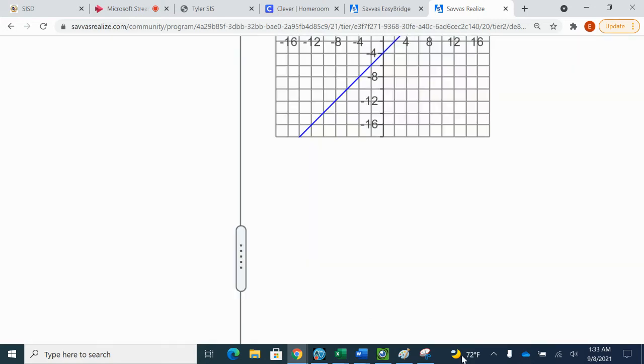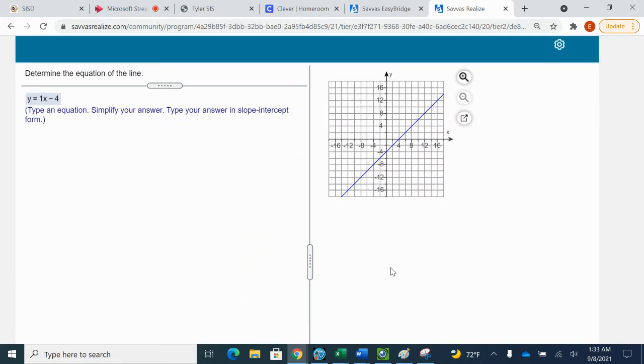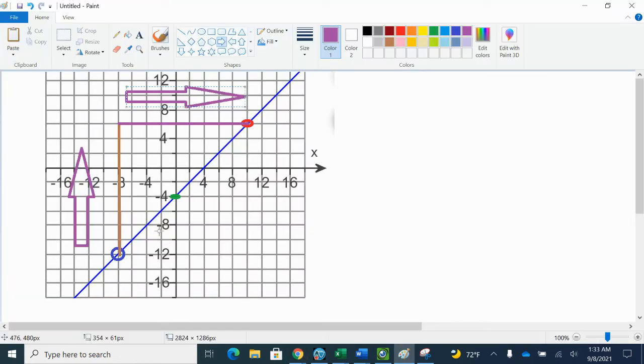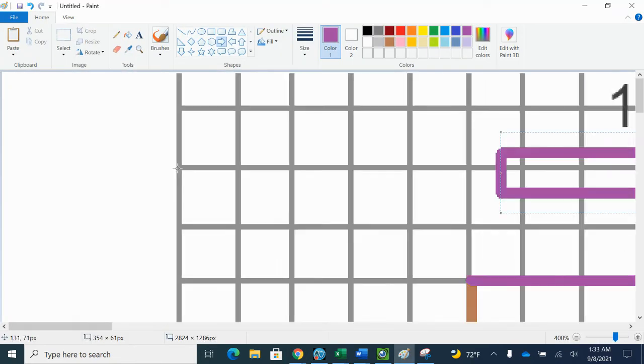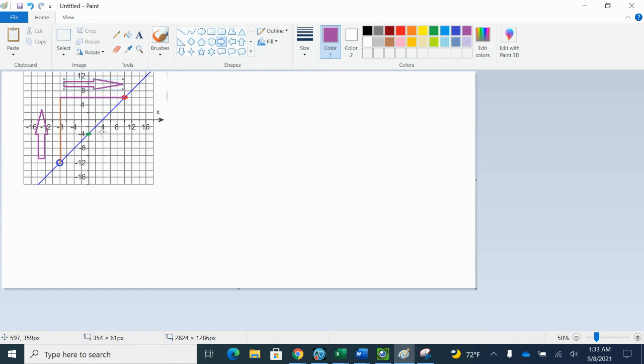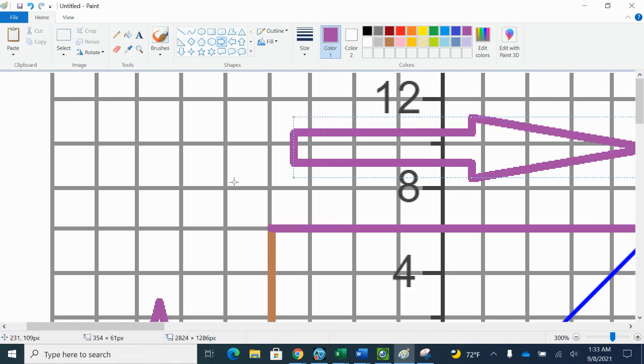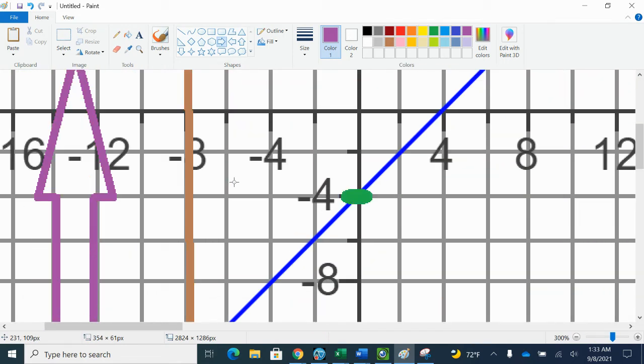And there it is. Again, I do want to show you real quick, if you wanted to take a different approach to it here. Give me 1 second. There we go. Right here, if you wanted to use this little triangle, look, from here, my rise is 2, and then you could have used this one.